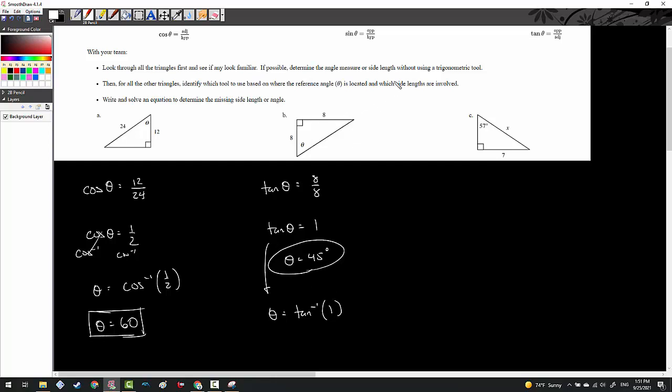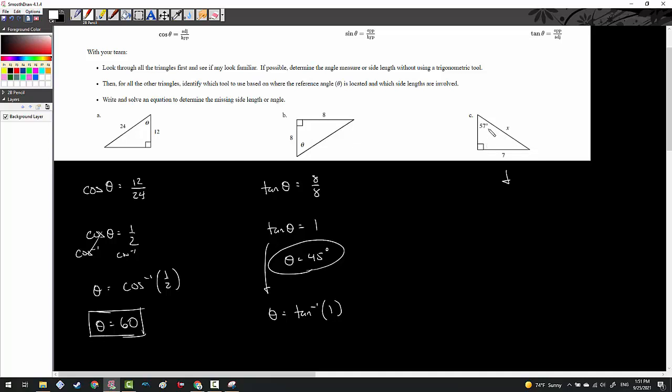The one that isn't clear is C. And that is because we don't have anything readily known for 57 degrees, but we do know that from the 57 degrees perspective, 7 over x is going to be opposite over hypotenuse. So because this time I'm going to be solving for a side and not an angle, I'm not going to be using an inverse trig function. I'm going to be using a regular trig function.